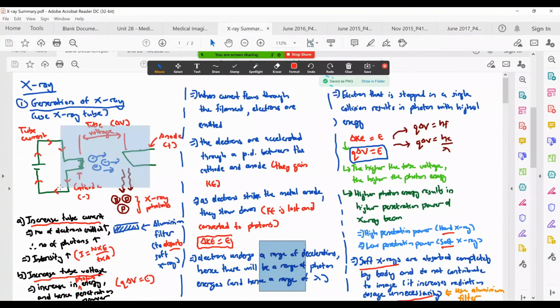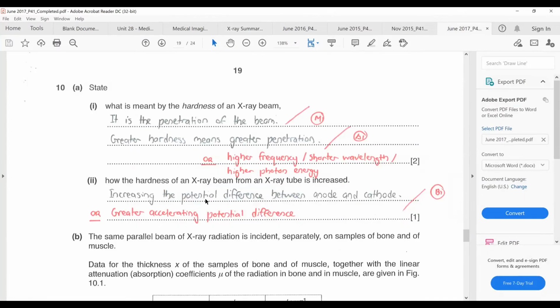I told you that this one is your tube voltage. It is the potential difference between your cathode and your anode. So you can write that. Or you can also say give a greater accelerating potential difference. So that one is that.